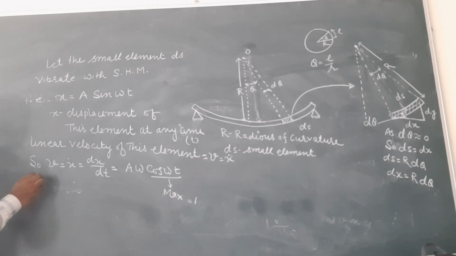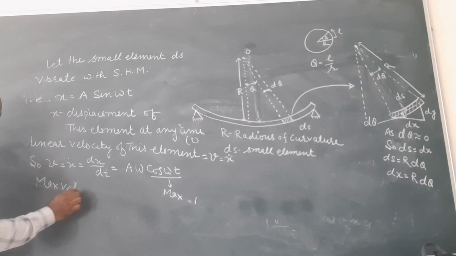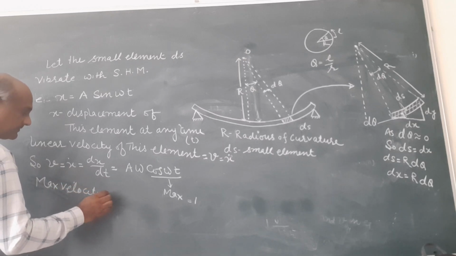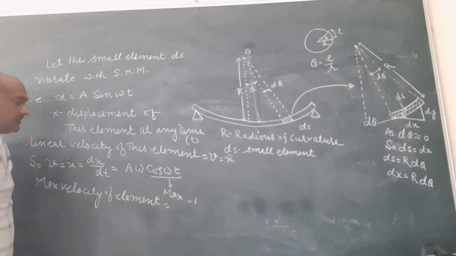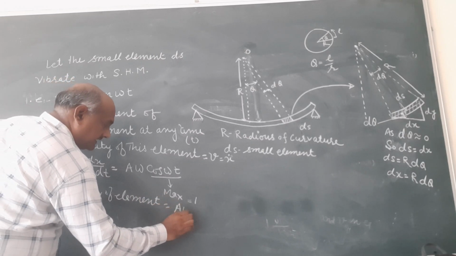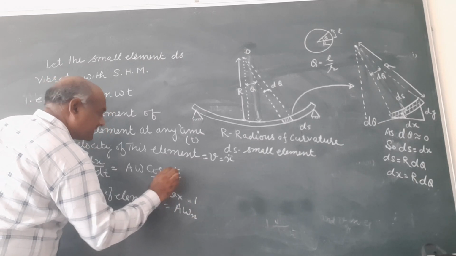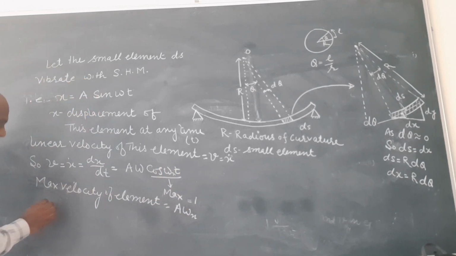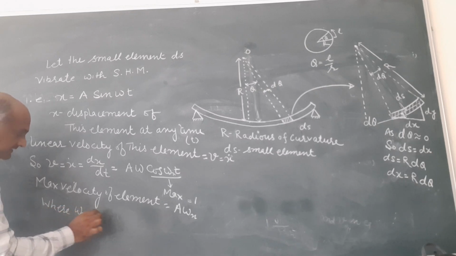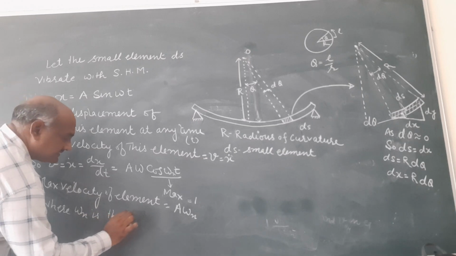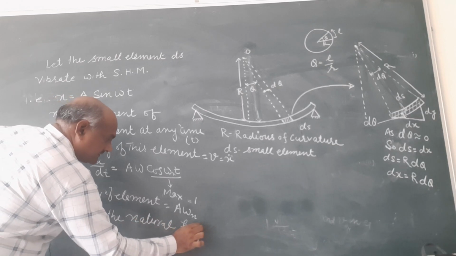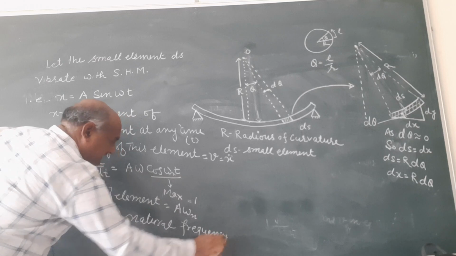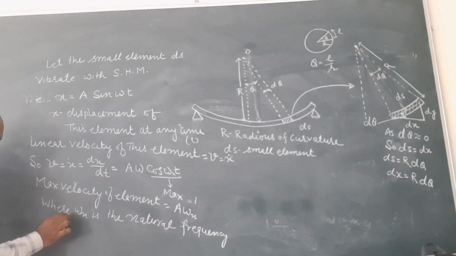So the maximum velocity of this element is equal to A omega n, where omega n is the natural frequency of this element.